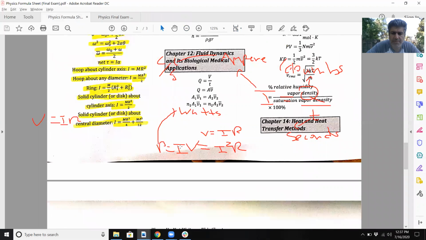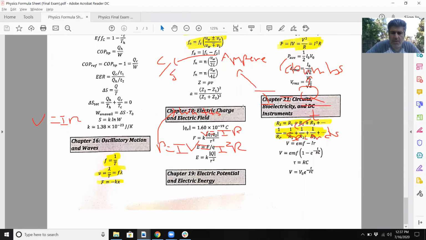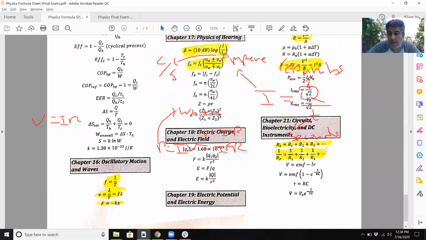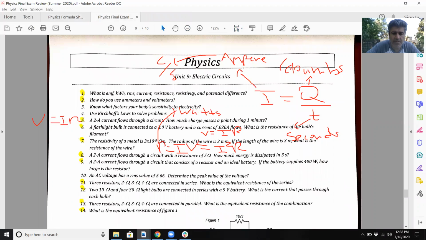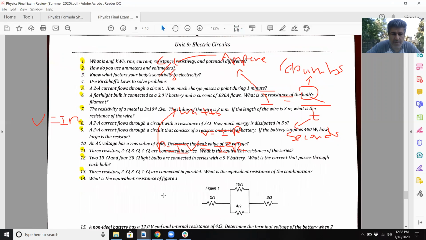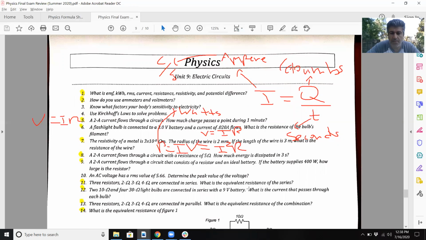So series right there, add them all up. Parallel, you do 1 over. So that should be pretty easy for 11 and 13. 12, of course, find the total resistance in series, and then get the current. And then 14 is calculating total resistance. So it's a lot of problems, but you guys can do it.